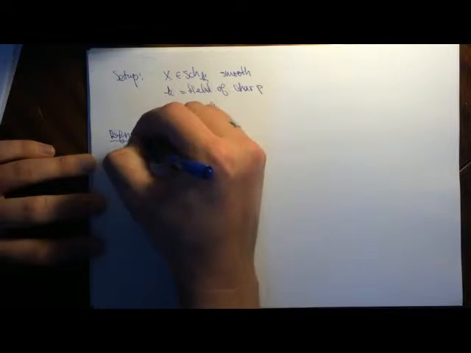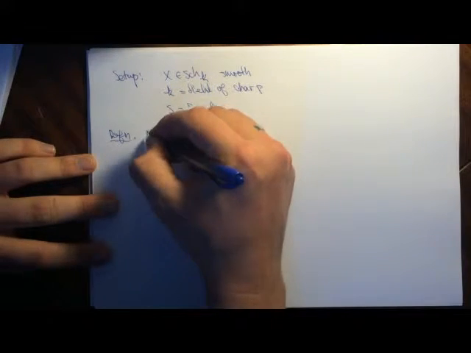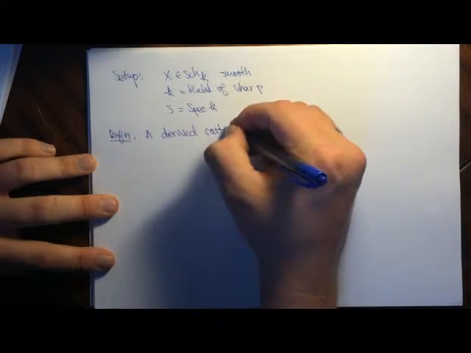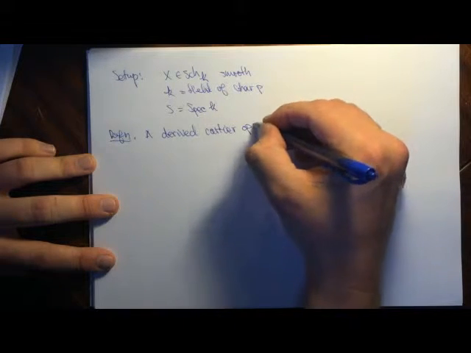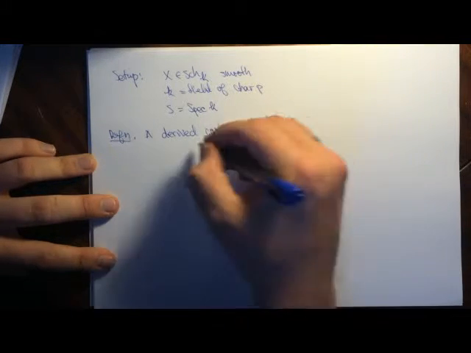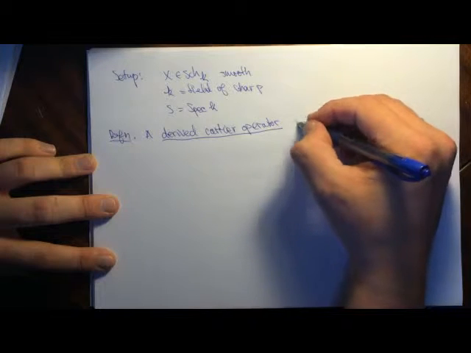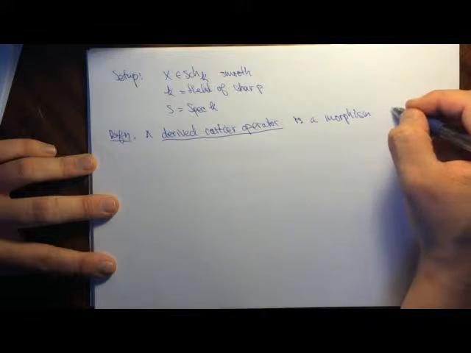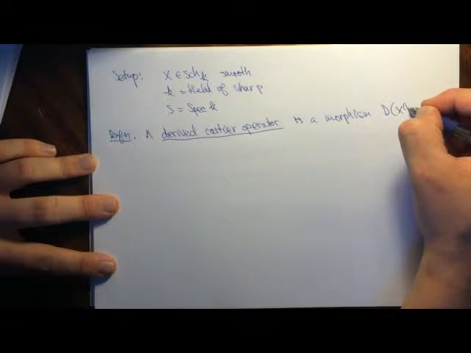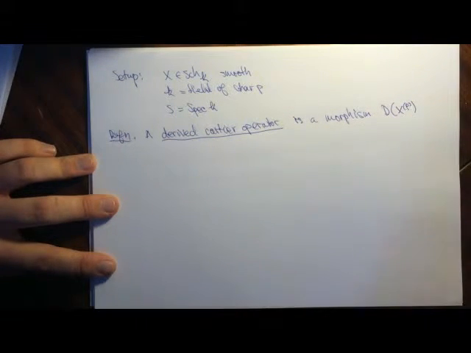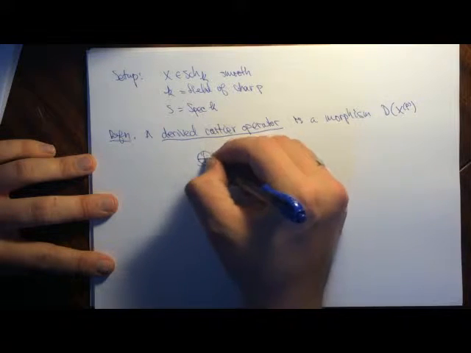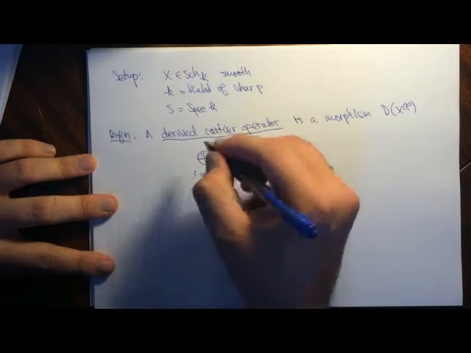Definition. A derived Cartier operator, or isomorphism, is a morphism. It's actually a quasi-isomorphism of complexes, but a morphism in the derived category of the following form. It's an isomorphism between this degenerate complex here.